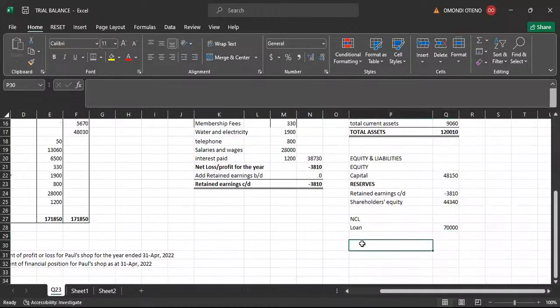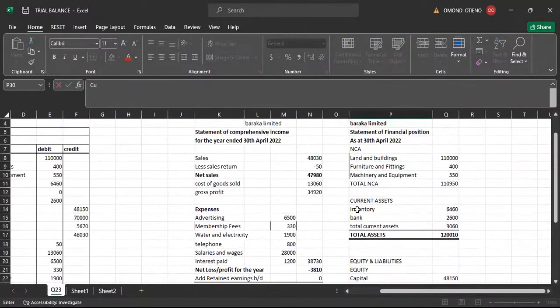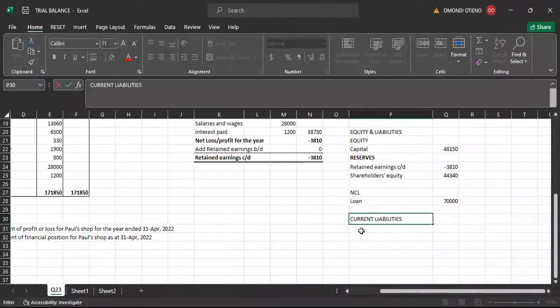That is going to fall under current liability.